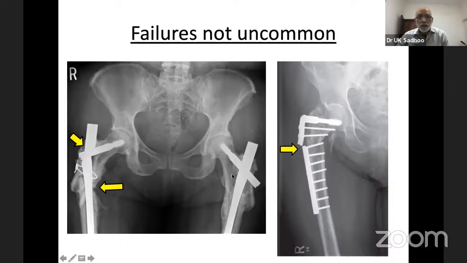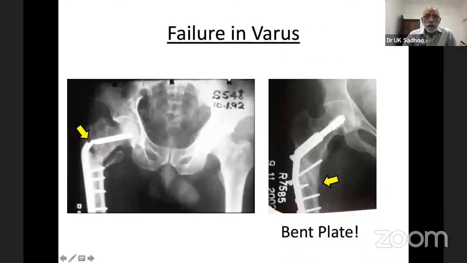Here, the problem you see in this particular case is on the contralateral side, you have the fracture united because the fracture was not fixed in varus, whereas here the fracture was in varus, plus there is a medial void here. The circular wire shows that there may have been open reduction to fix this medial fragment. So a combination of problems has caused the breakage of nail, leading to subsequent delayed oblique non-union.